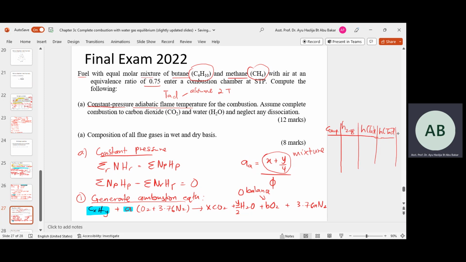Okay, component over here, since this is a mixture, the HF, you will need to find HF for butane and HF for methane.